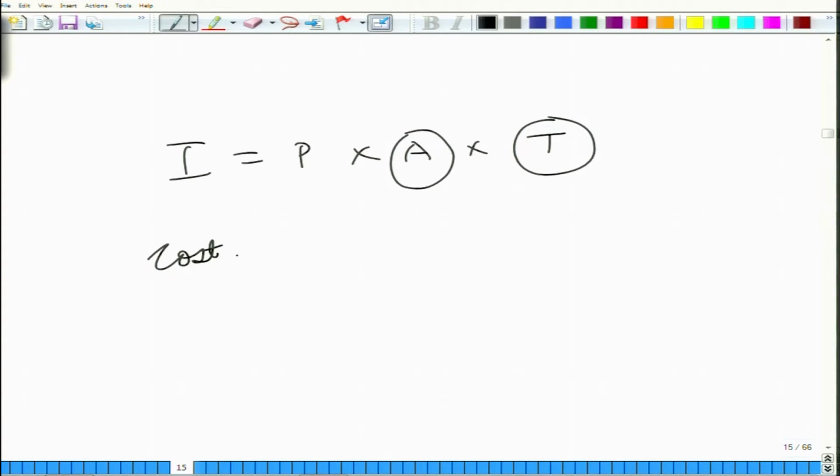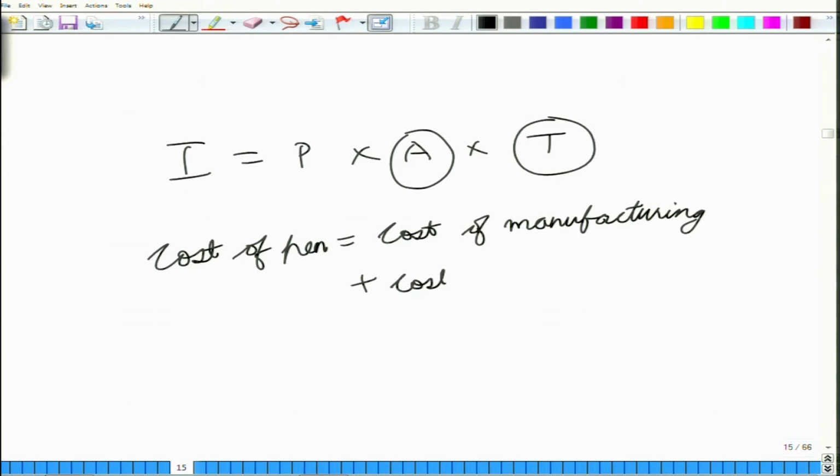So, in that case your cost of pen will become the cost of manufacturing plus the cost of treating waste.